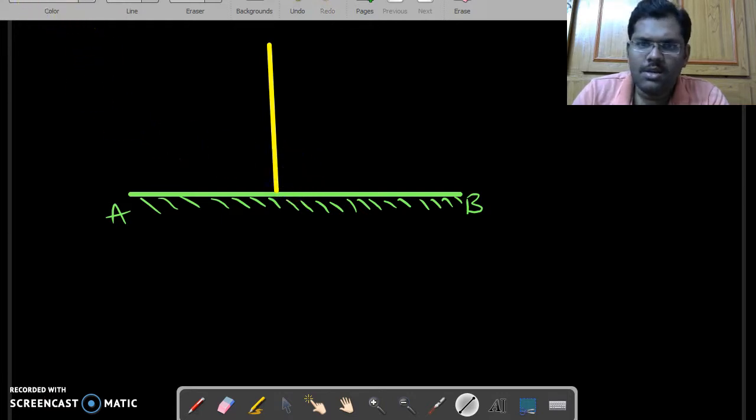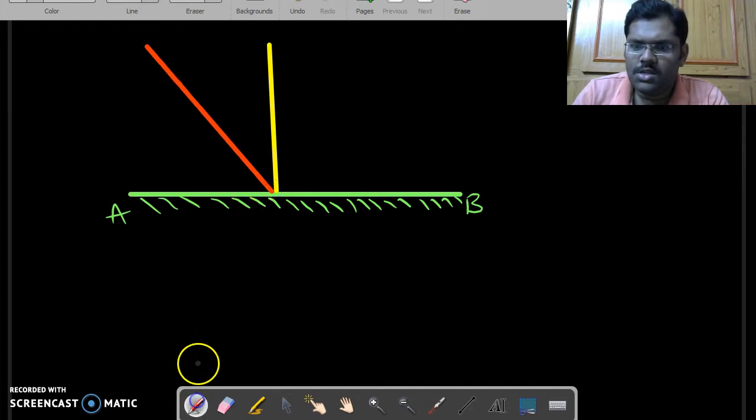Next, we have drawn an incident ray. This incident ray is making an angle I. When we see that incident ray in a mirror, we can see its image forming on the other side.